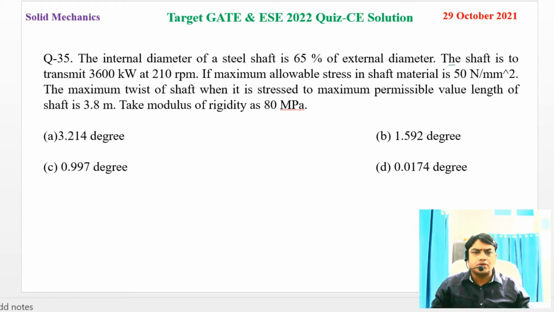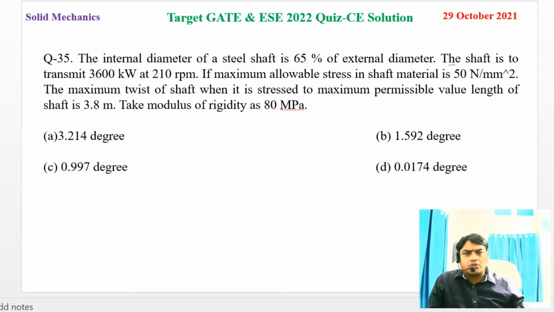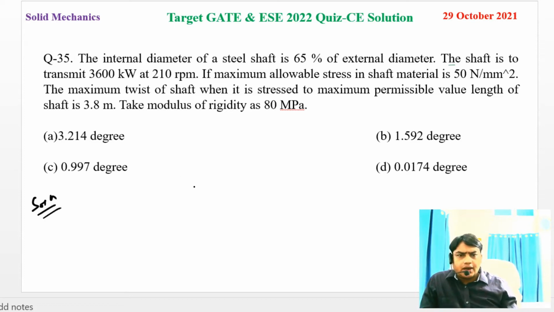The length of the shaft is 3.8 meter. Take the modulus of rigidity as 80 megapascal. So we have to find the angle of twist, theta.